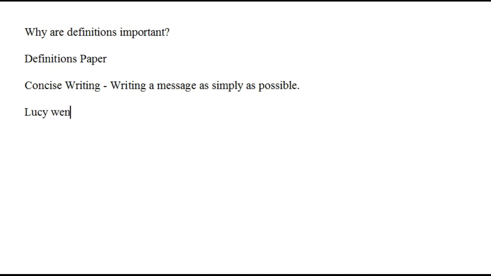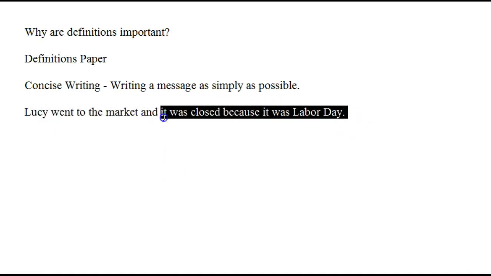Lucy went to the market and it was closed because it was Labor Day.